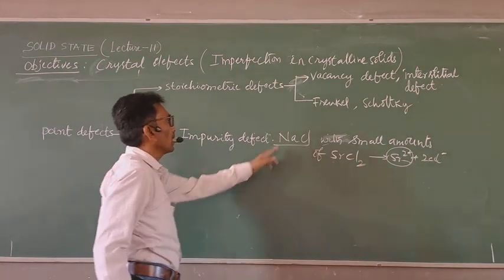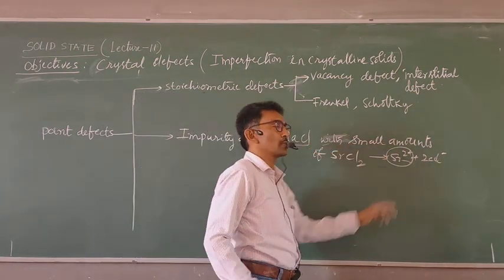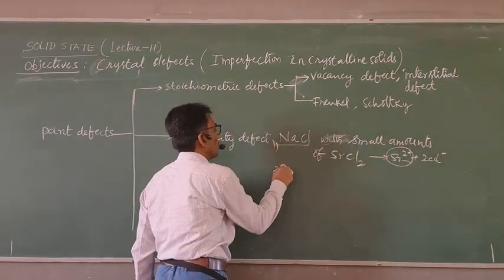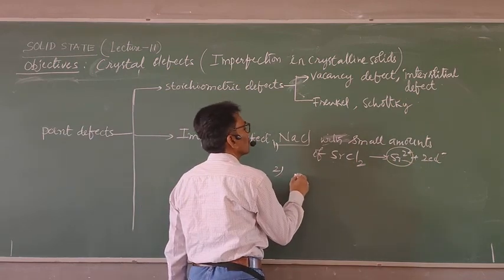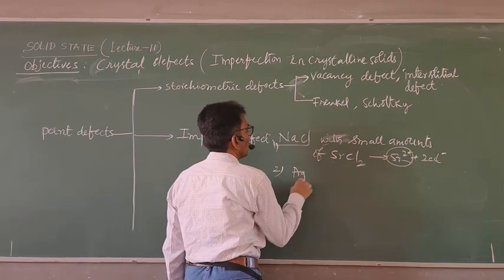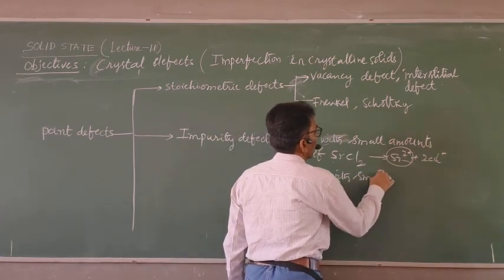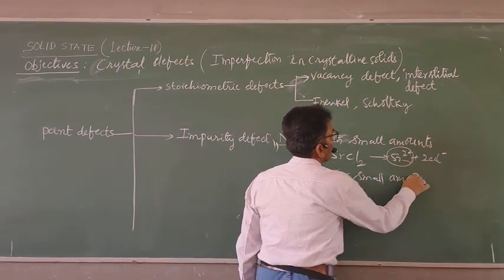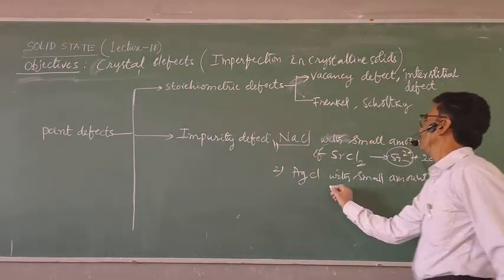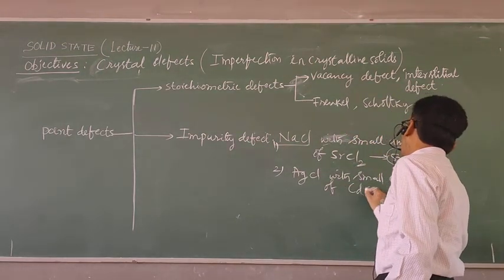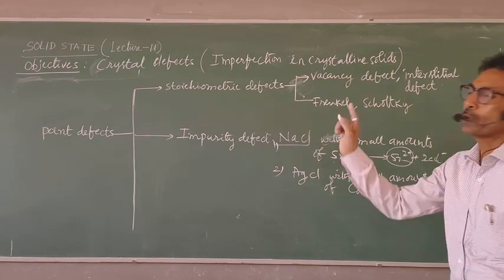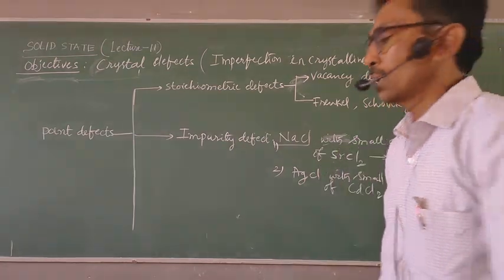We took NaCl with small amounts of SrCl2. The second example is AgCl with a small amount of cadmium chloride, which leads to impurity defect. And what is created?